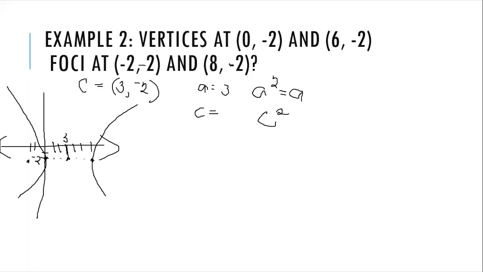Next po is positive 8, and then negative 2. So foci 1, foci 2. Let's count the steps. 1, 2, 3, 4, 5, 6, 7, 8, 9, 10. So 10 steps for foci 1 to reach foci 2. So 10 divided by 2, we have 5. 5 squared is 25. And that way we can solve the b squared.